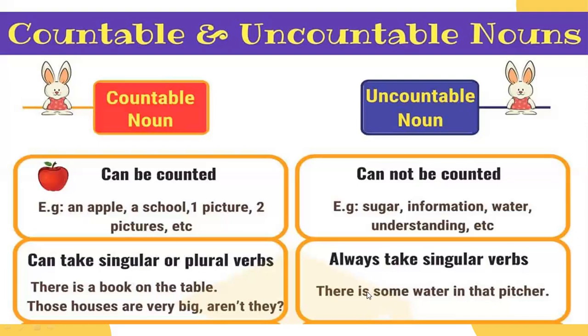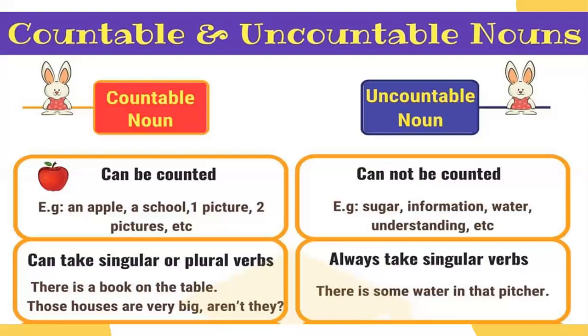Here, there is some water. So an uncountable noun always takes a singular verb, but a countable noun can take either. Like, there is a book, singular. Those houses are very big, plural. So a countable noun can take singular as well as plural verbs.